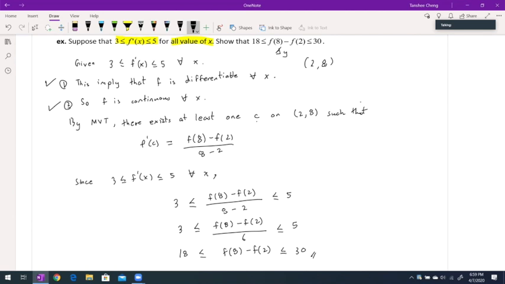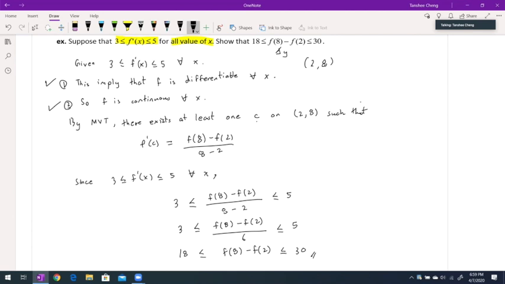That only tells you the mean value theorem part, and it doesn't tell us how to get the point that we want to show. So how do we incorporate this conclusion of the mean value theorem with something we already know from the problem? The problem tells me that the derivative's value is always trapped between 3 and 5 for all x values.